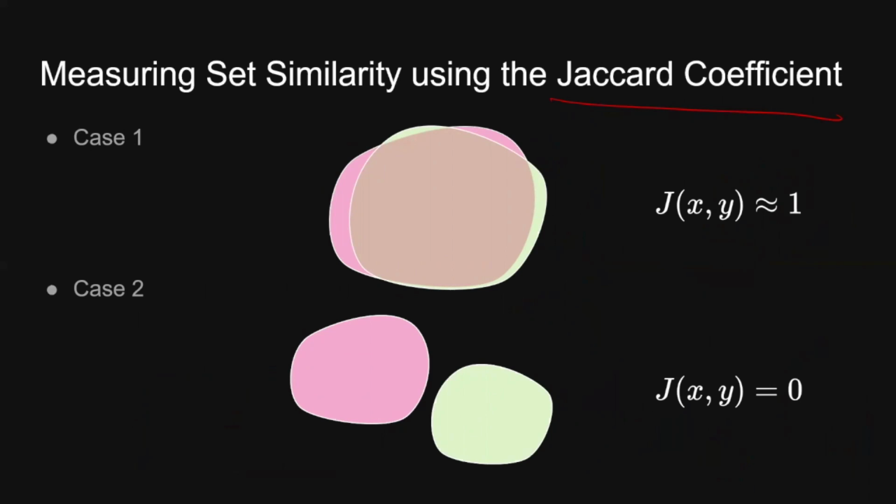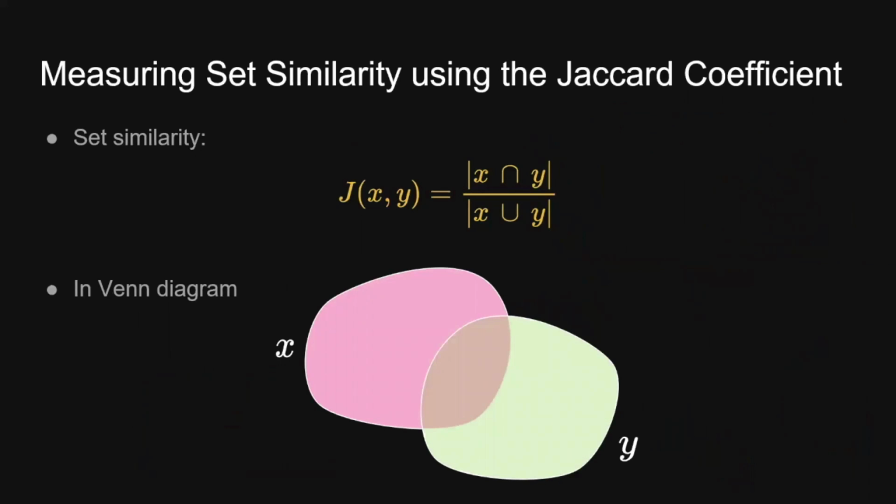Similar to the Jaccard coefficient, if you happen to be in a medical imaging application, there's a thing called the Dice coefficient. The definition is pretty similar. Basically, you compute the intersection between the two sets divided by the sum of the sizes of X and Y, multiplied by 2.